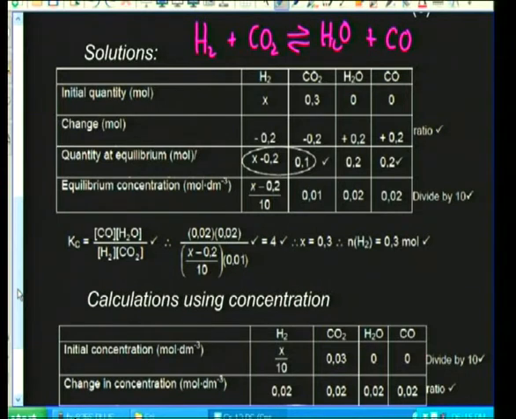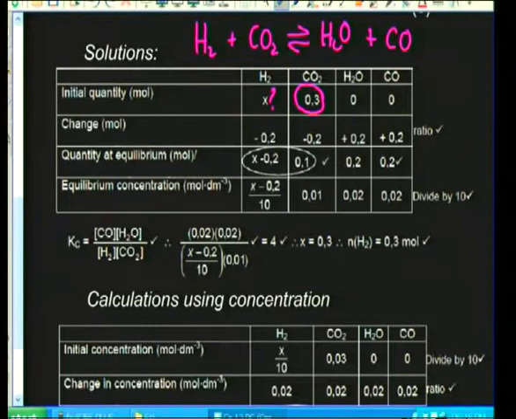That's what I'm going to have to work out. We were told that 0.3 moles of this carbon dioxide was put into this sealed container. So an unknown quantity, that's my question mark, that's what I'm trying to find, plus 0.3 moles of carbon dioxide with nothing else. So I can put 0 and 0 for those products. They haven't been formed yet.